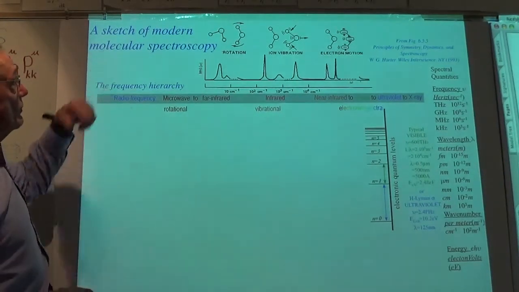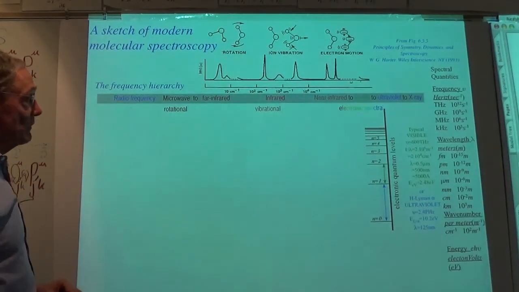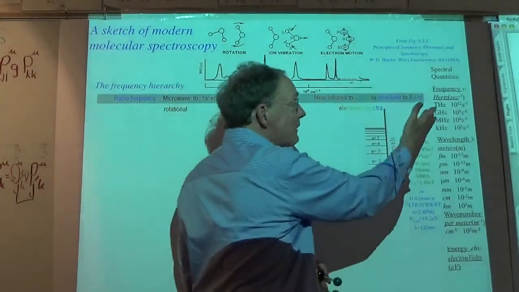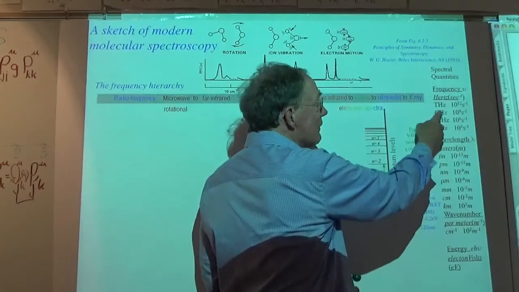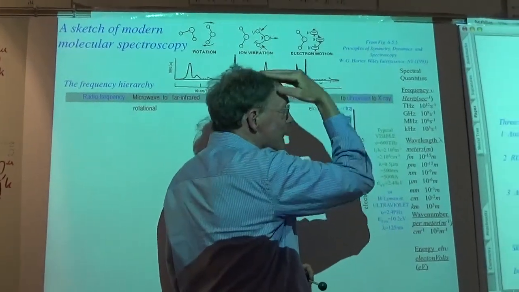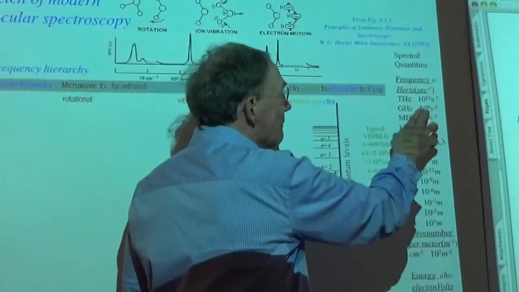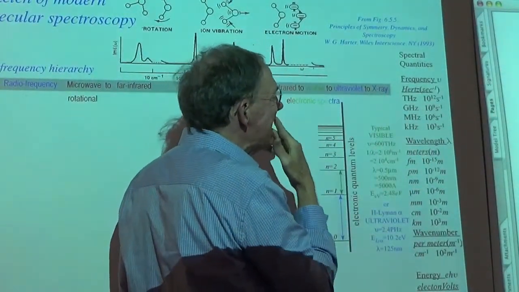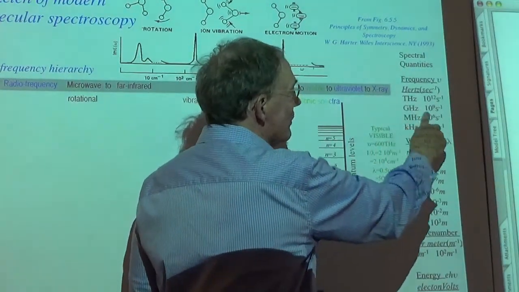What I want to do is just do a sketch of modern molecular spectroscopy, remind you of the spectral quantities. Terahertz: 100 terahertz is in near infrared, 600 terahertz is a beautiful blue-green, but then come down, gigahertz.